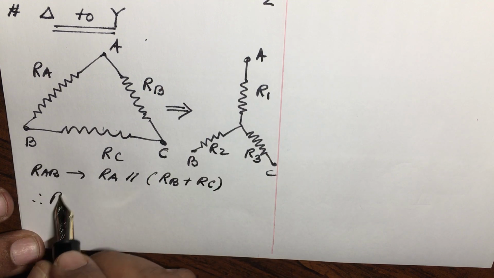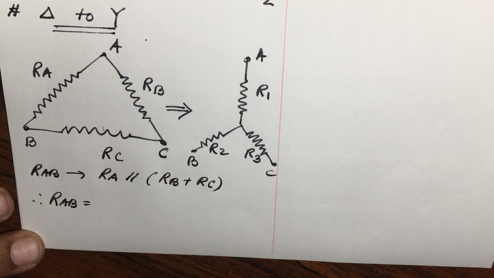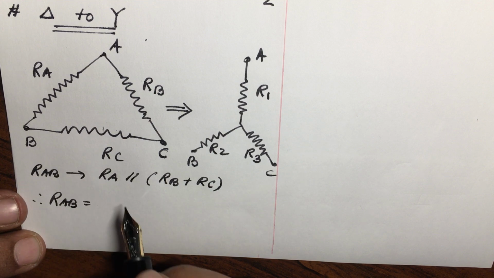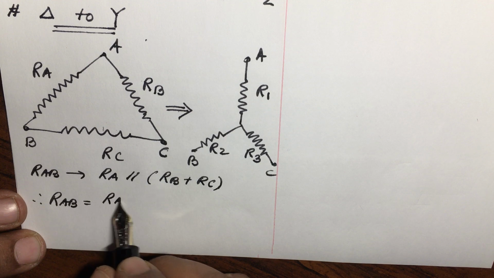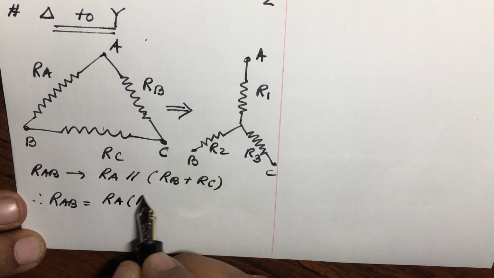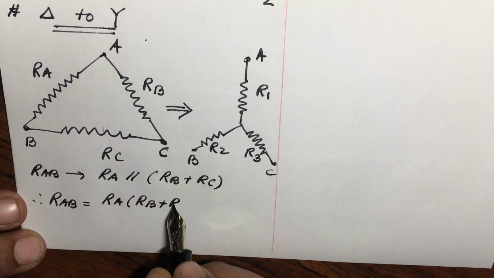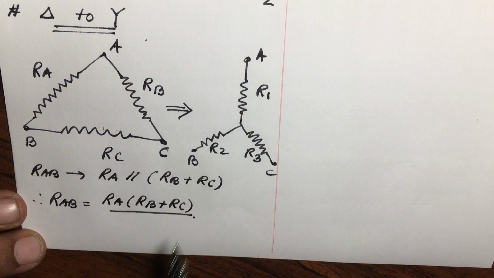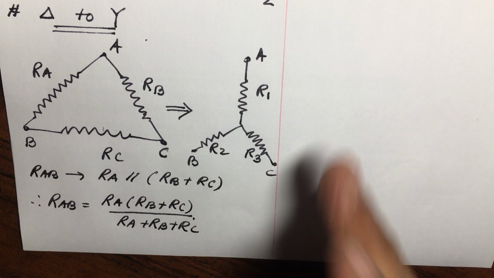So therefore you have RAB, if you solve it, you will get RA times (RB plus RC) upon RA plus RB plus RC.